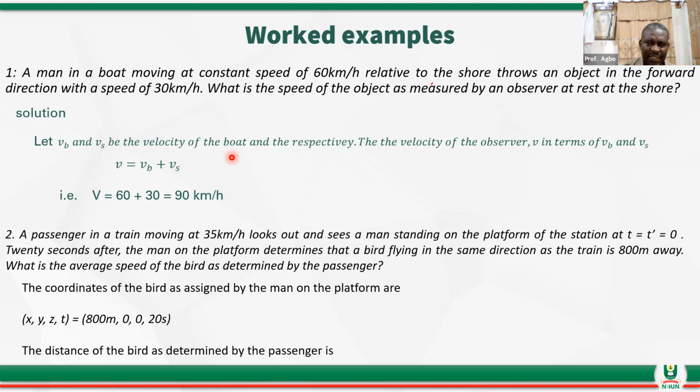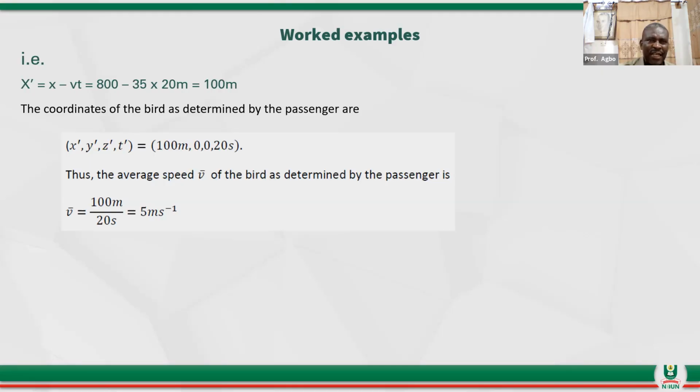The distance of the bird as determined by the passenger, you will write down, is x prime equal to x minus vt, equal to 800 minus 35 times 20.